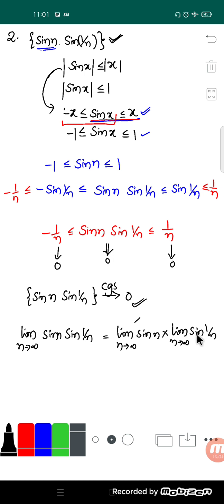As n tends to infinity, sine 1 by n becomes sine 0, which is 0. Sine n is bounded by the range minus 1 and 1, so it is some value L between 1 and minus 1, which is a finite value. Any finite value multiplied by 0 gives 0. So even in that sense, you can say that the sequence converges to 0.